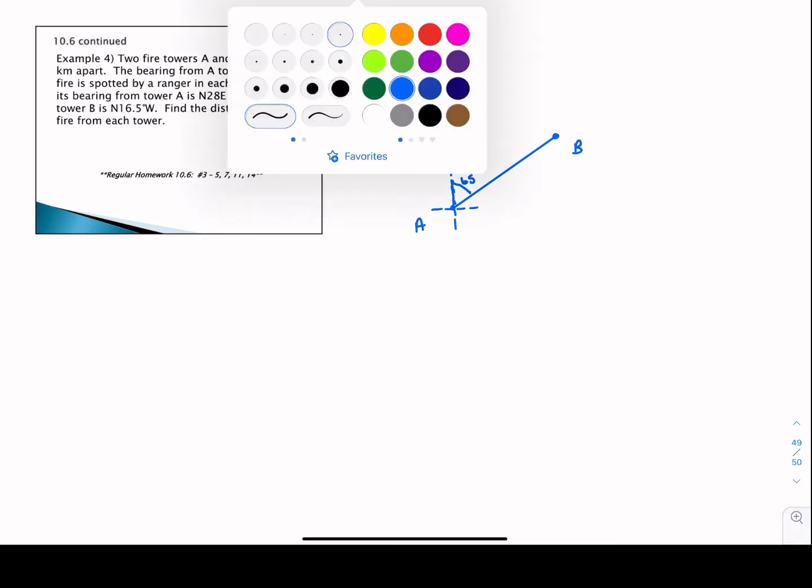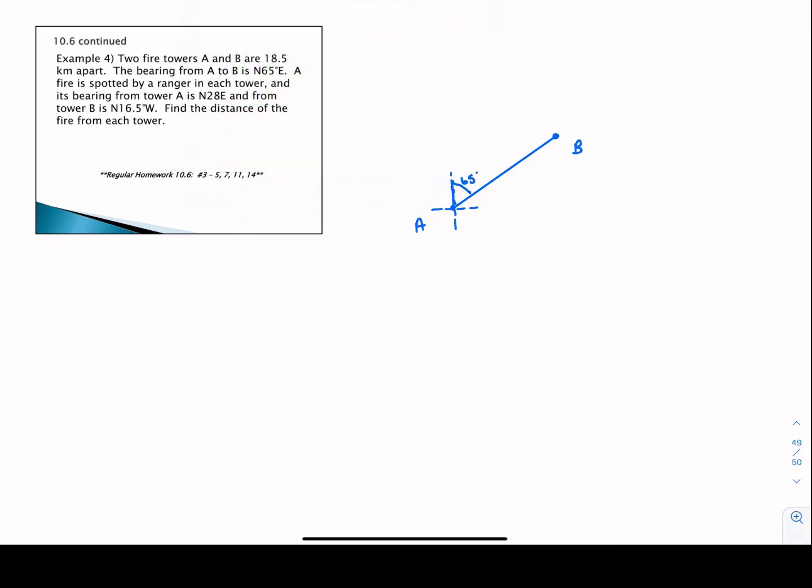Now we're also told that both towers spot the same fire. So the fire is at a bearing of north 28 degrees east from Tower A. So if we go back to Tower A and we want to draw where that fire is, I'm going to do this in a different color. I have north, so I'm going to head north or straight up, and then I'm going to drag my pencil only 28 degrees to the east.